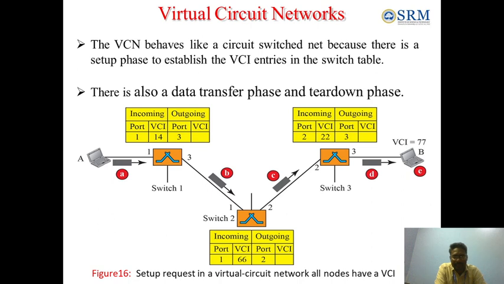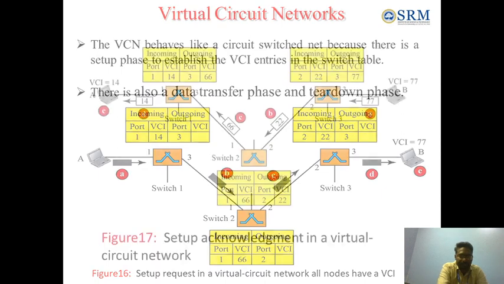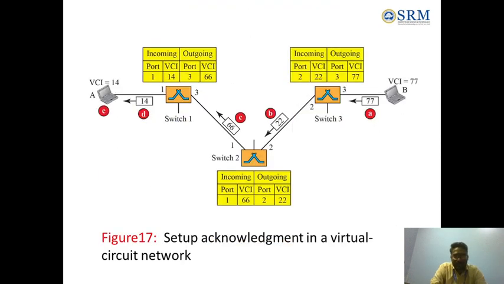The virtual circuit network behaves like a circuit switched network, and it sets up the phase to establish the virtual circuit identifier in the switching table. Based on that, the data transfer is done. After setting up the virtual circuit identifier, the setup acknowledgement is made, and then we can transfer the data packets seamlessly from end to end.